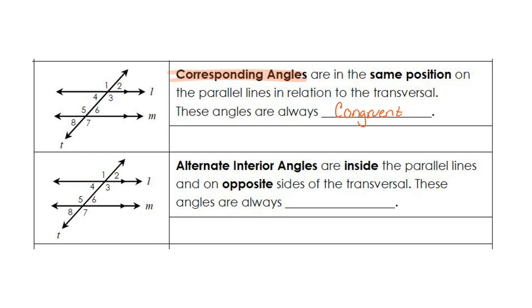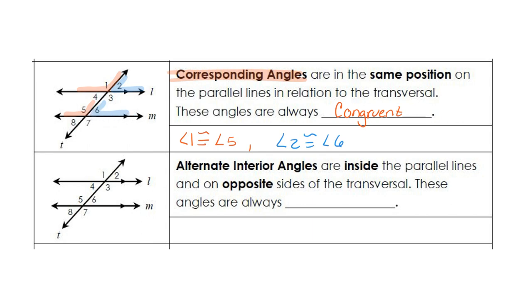So angle 1 is corresponding to angle 5. Angle 2 is a congruent and corresponding angle to angle 6. Notice how they look the same and they are just on a different line.